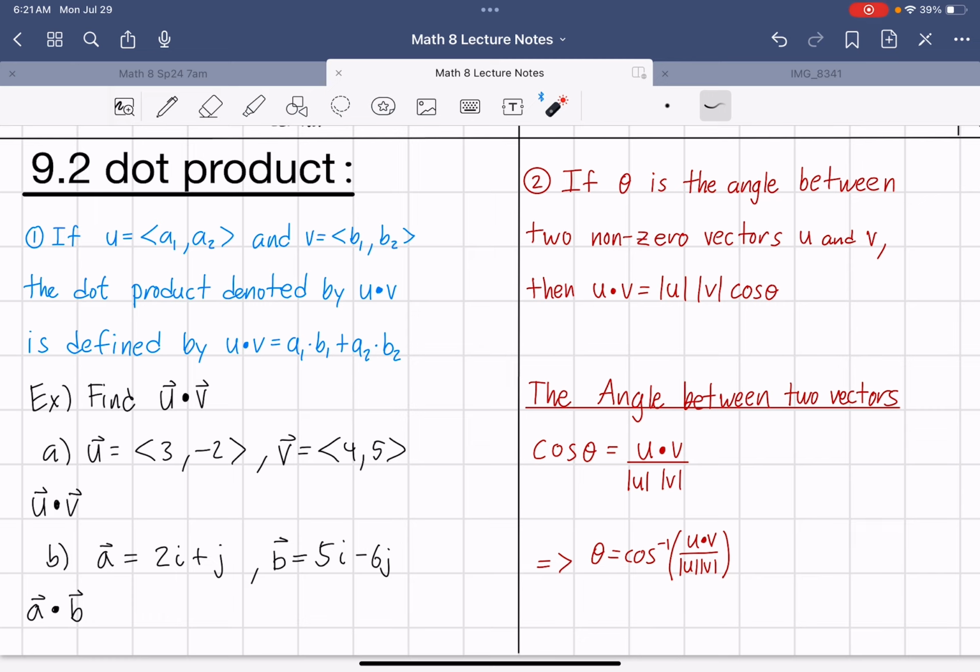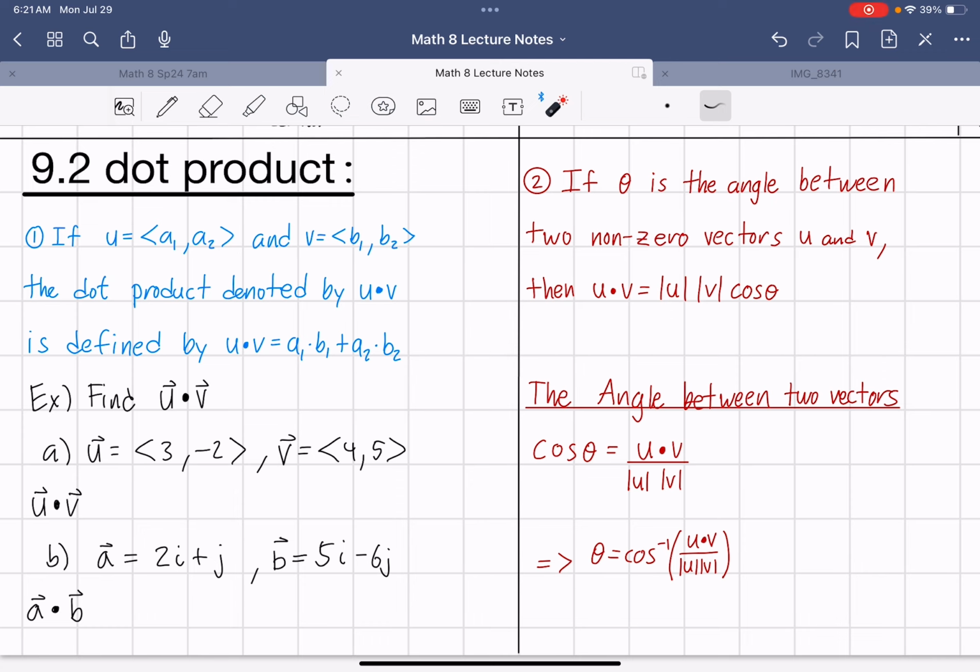It almost feels like a distributive property because we're going to take vector u and vector v, and the dot product, denoted here with this dot, tells us that, the same way we added corresponding components together, with a dot product we multiply the corresponding components together.